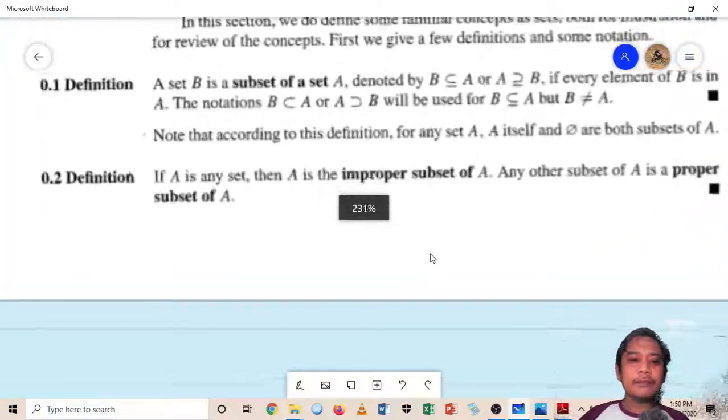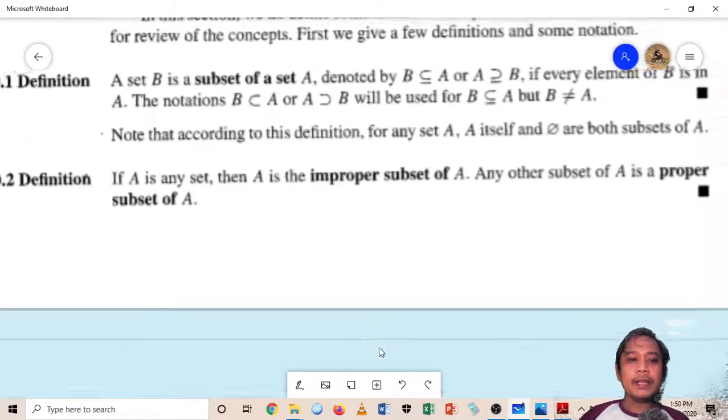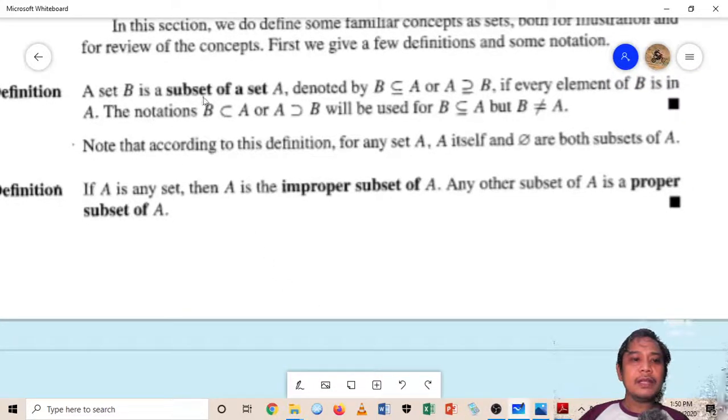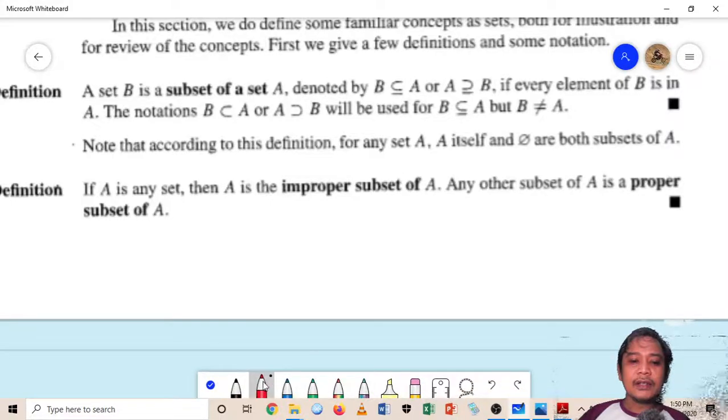So we define a set B. A set B is a subset of a set A, denoted by this symbol here, or A is a superset of B, if every element of B is in A. Meaning, if a thing can be found in B, it should be found also in A.